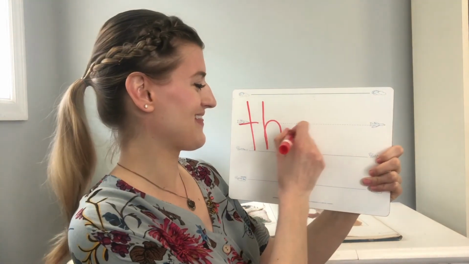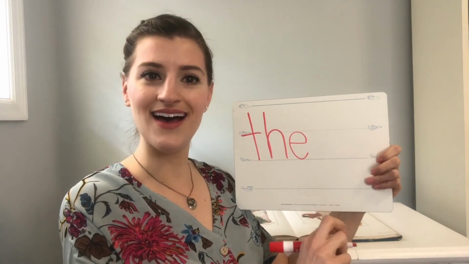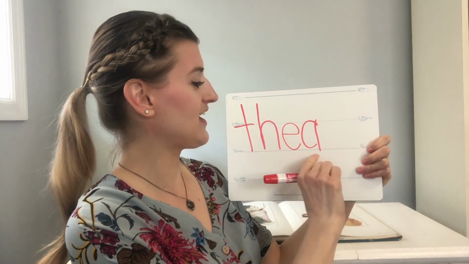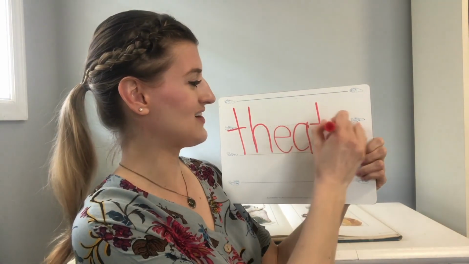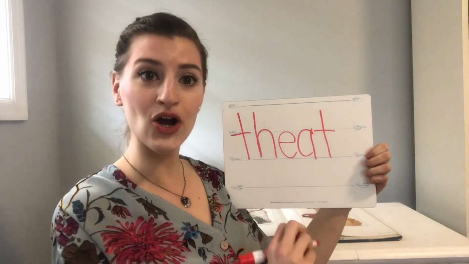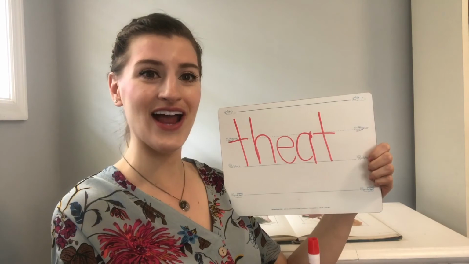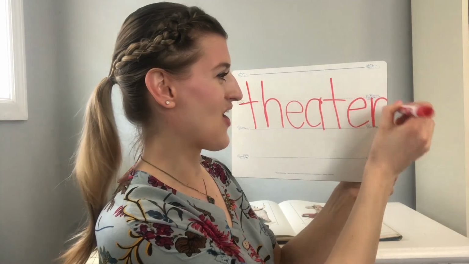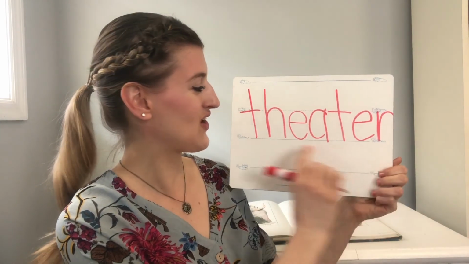That would be the letter E. A. I know the letter A is the vowel A. T. That would be the letter T. E-R is a word ending I know from words like her. How does the word her end? If you said E-R, that's correct. Theater.